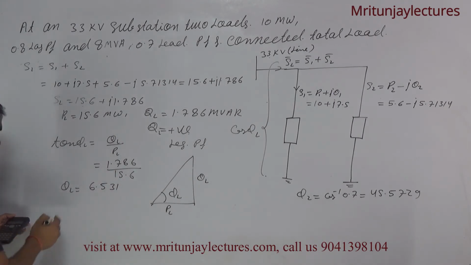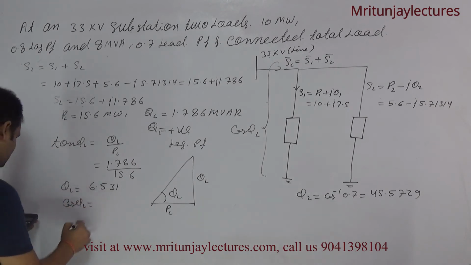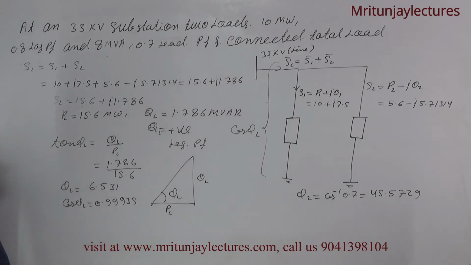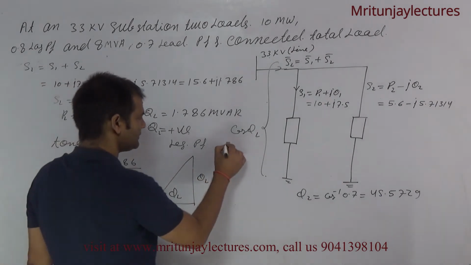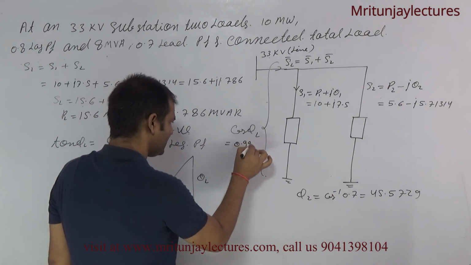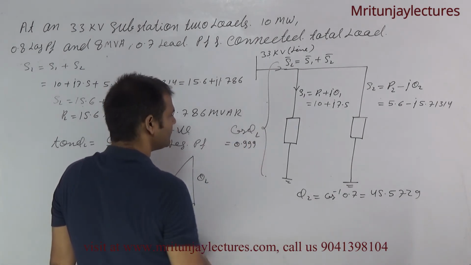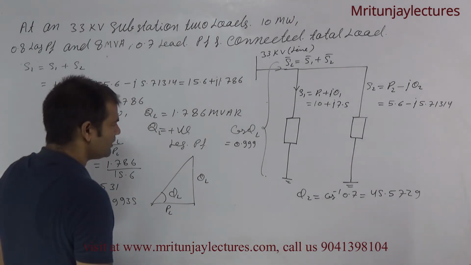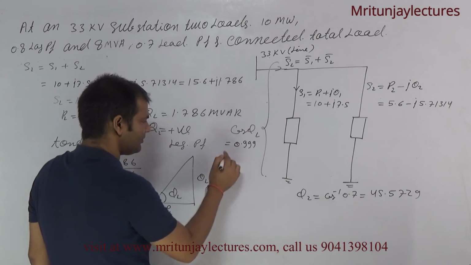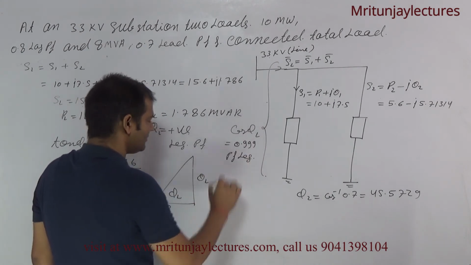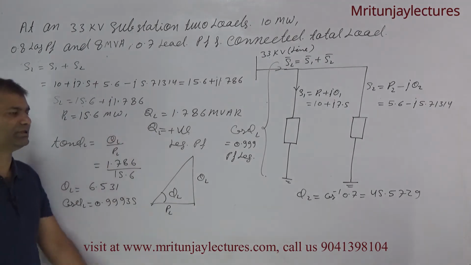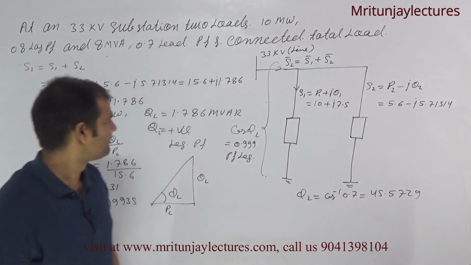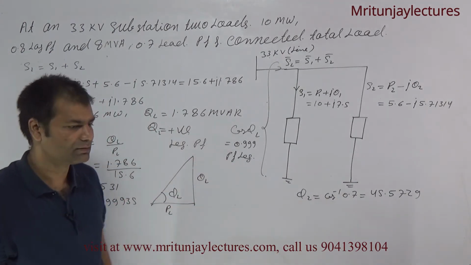Cos phi L, finally we got, is 0.999. Power factor lagging. Why? Because QL is positive. If QL is negative, it means the power factor is leading.